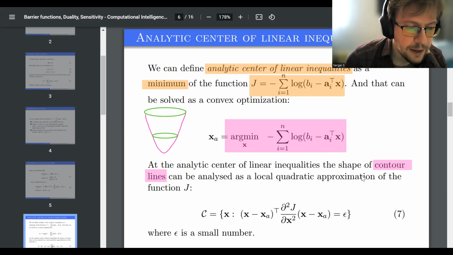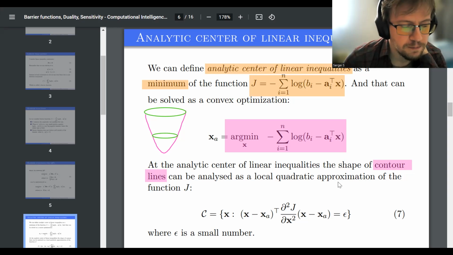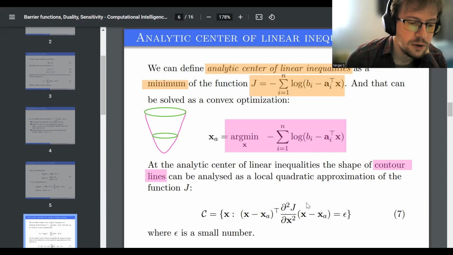Now, a contour line for a function doesn't have to be circular or anything like that. It's just something. So the claim is that at the analytic center of linear inequalities, the contour line has the shape of a quadratic function. So it is an ellipsoid.